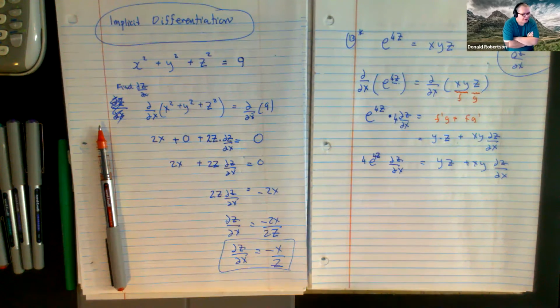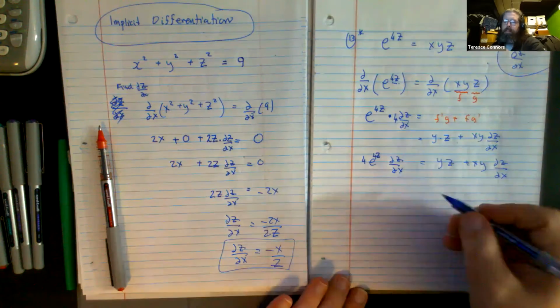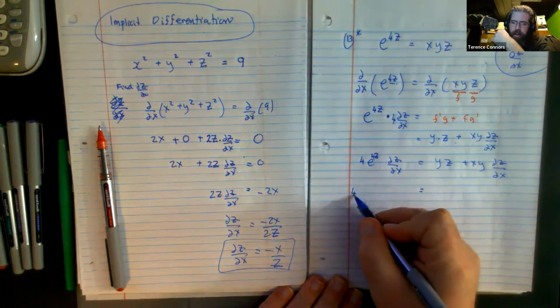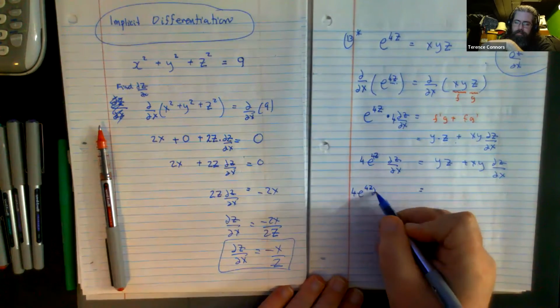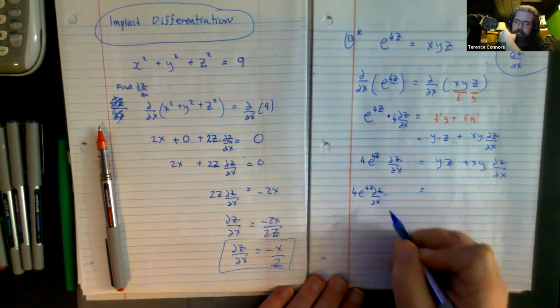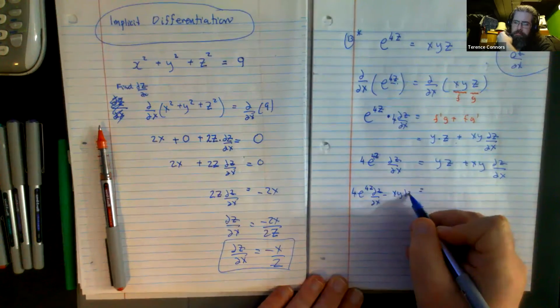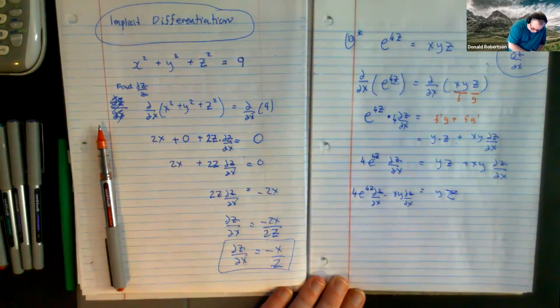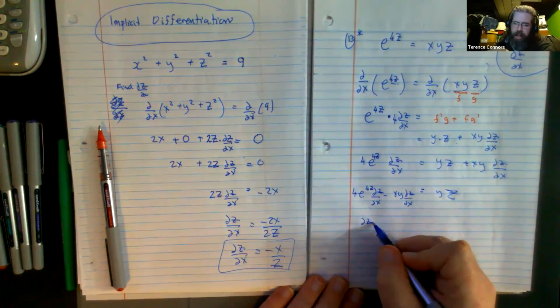Well, I got who? Terence, I think we'll pick you. What are you going for, Terence? All right, so first step, subtract xy dz dx from both sides. Looks good to me. What are you going to do next? Factor out the dz dx.